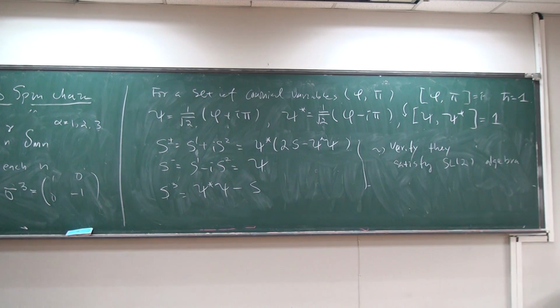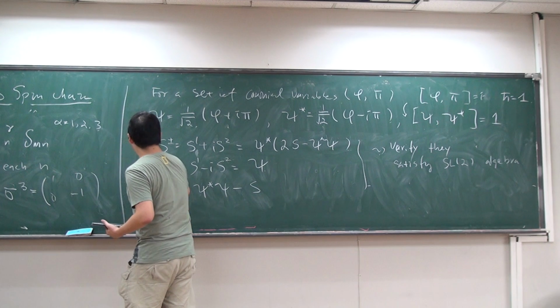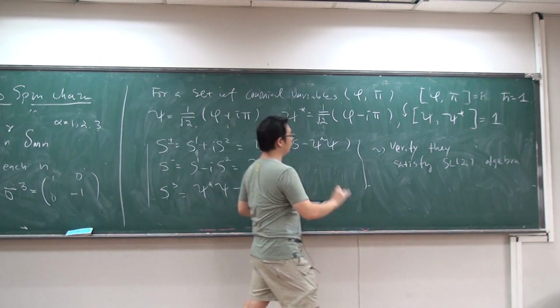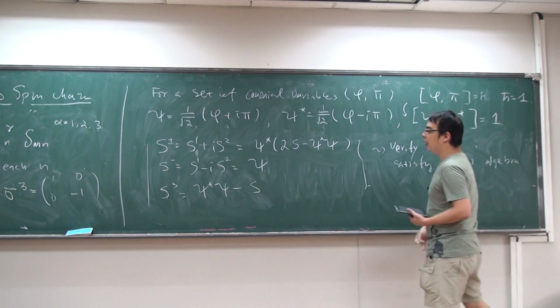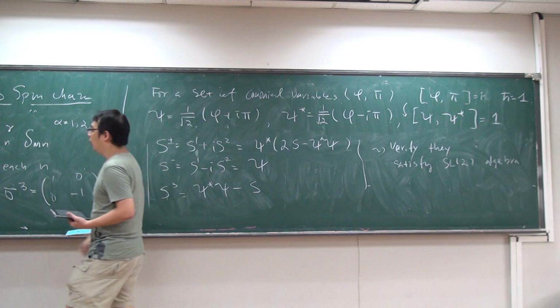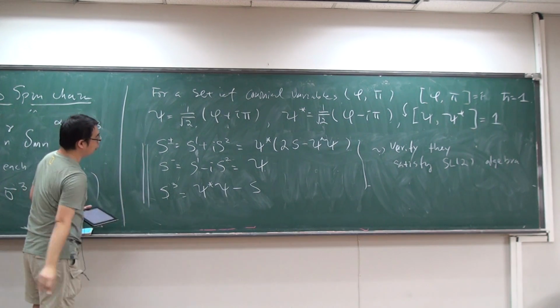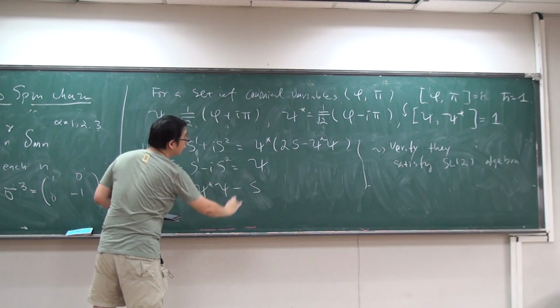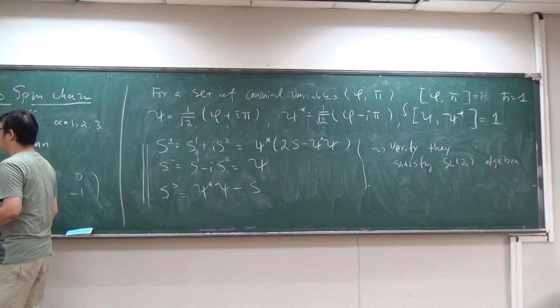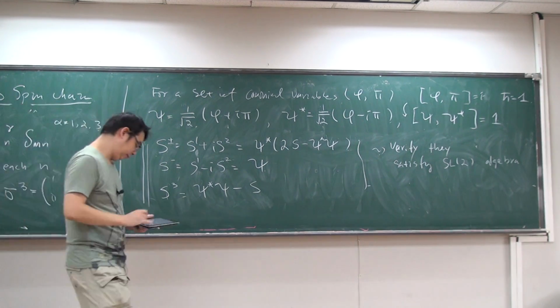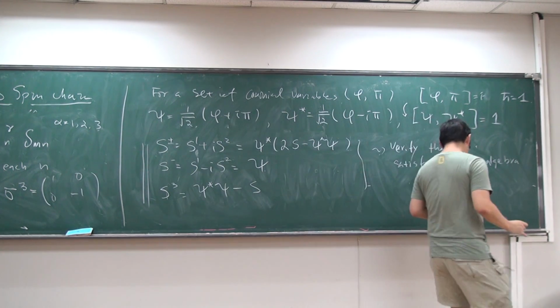However, this relation tells you that you can rewrite those spin degrees of freedom in terms of the original canonical variables, and therefore we can cast various kinds of dynamical variables into a quantum mechanical version of the phase space. So this will be useful later.